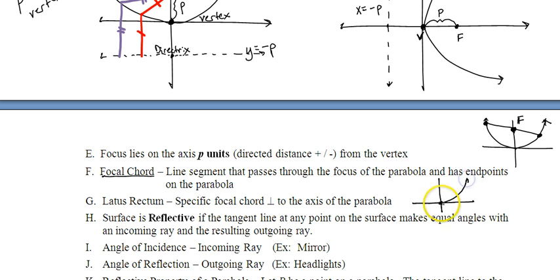That's kind of a nice one. Here, now put in there's my focus. And if we look at the latus rectum, it has to be perpendicular to the axis. Well, in this situation, our axis is vertical, so we would have to have a horizontal line in there.